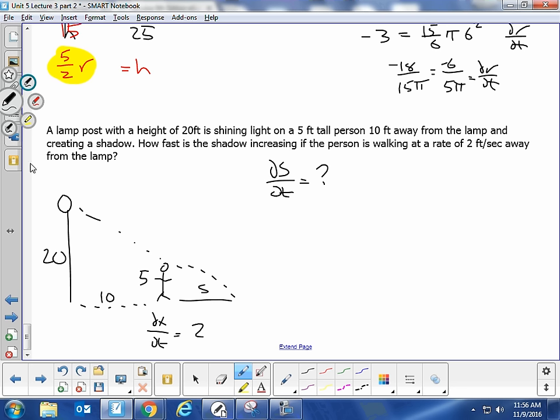Now what's really important is that the only things that are fixed are this 20 and this 5. This 10 is not fixed, so I'm going to replace it with a variable like x, where dx/dt is 2. Now you'd think you would need the Pythagorean theorem, but actually your formula comes from the proportion.